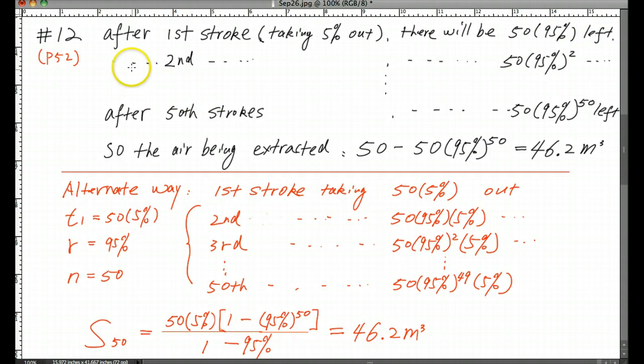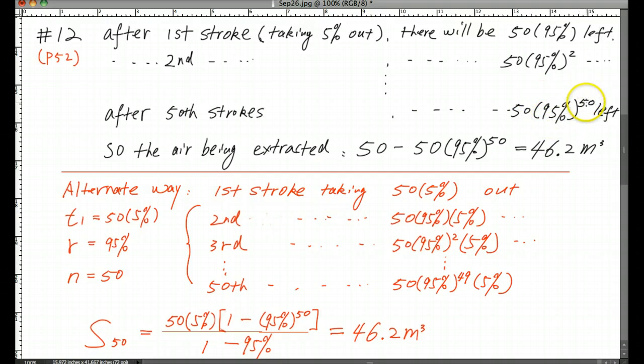And then after the second stroke, you have another 95% of this left, so you multiply by 95% again, and then you've got 95% squared left. And if you follow this pattern, you can see after 50 strokes, you should have that much left.